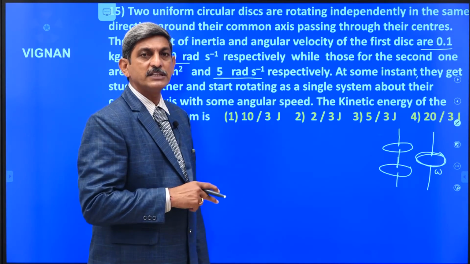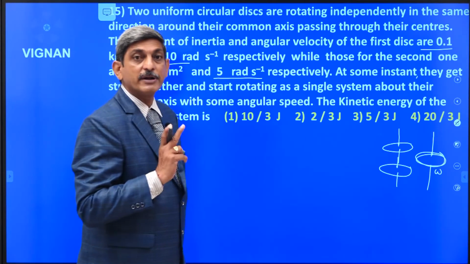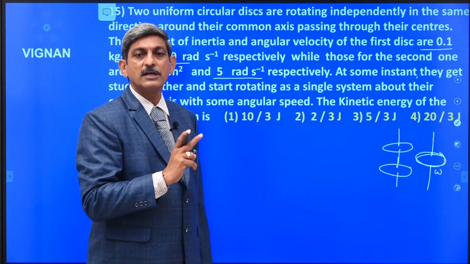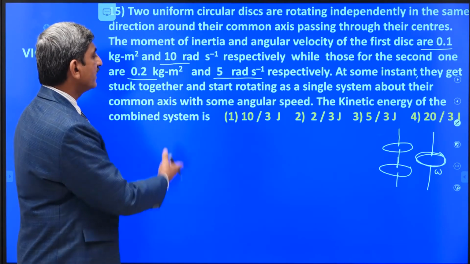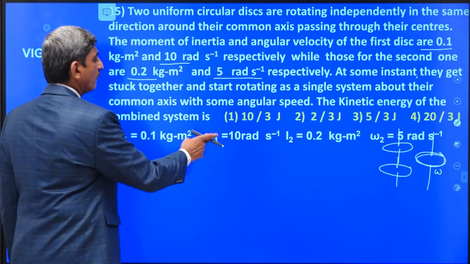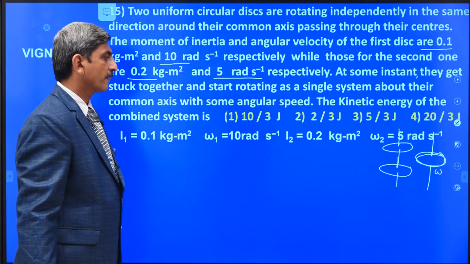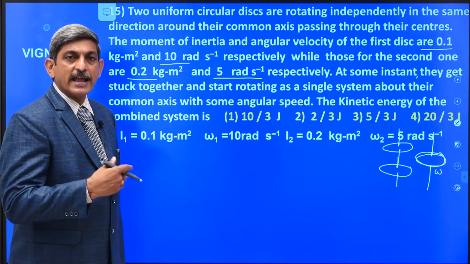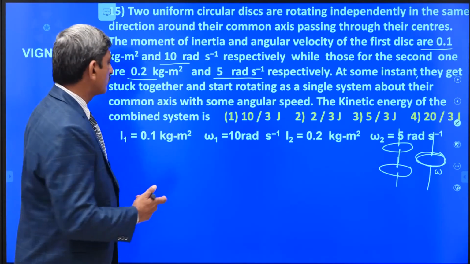If we want to determine the kinetic energy of the combined system, first we have to calculate the common angular velocity of the system after the two discs are connected together. For that, first identify the data. Here I1 is given, omega 1 is given, I2 is given, omega 2 is given. Now to determine the common angular velocity of the system, we are going to use the law of conservation of angular momentum.